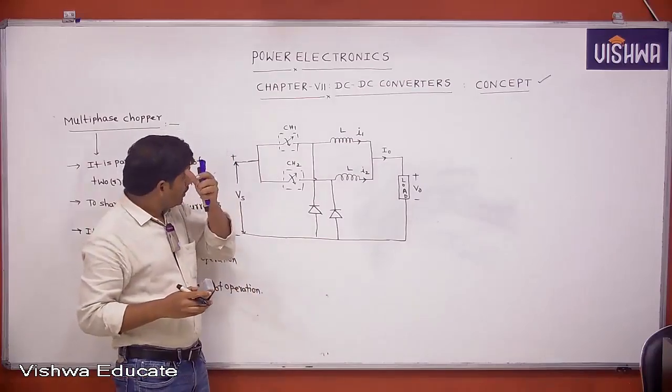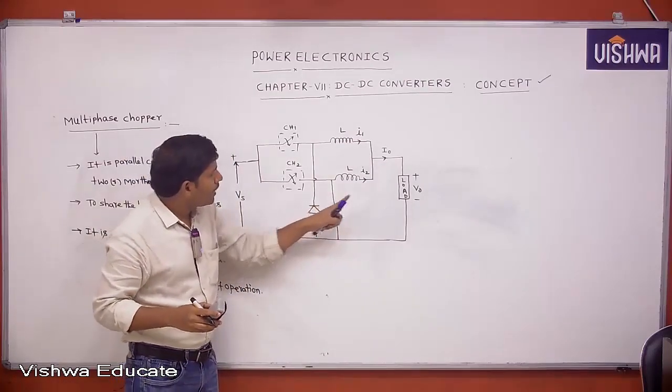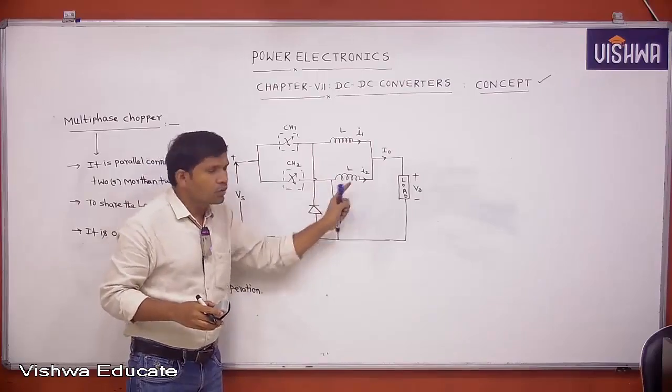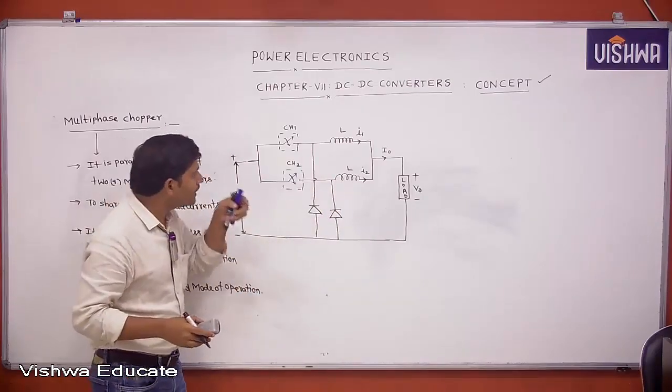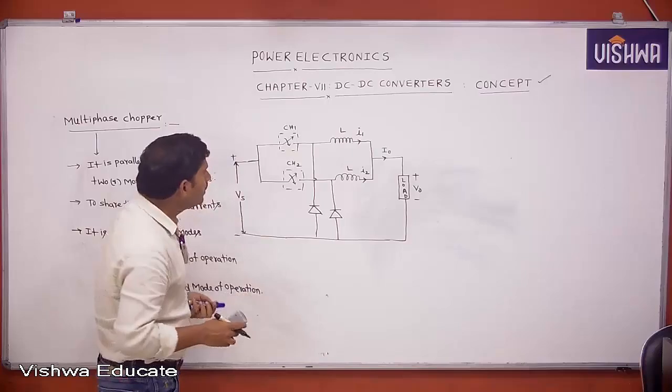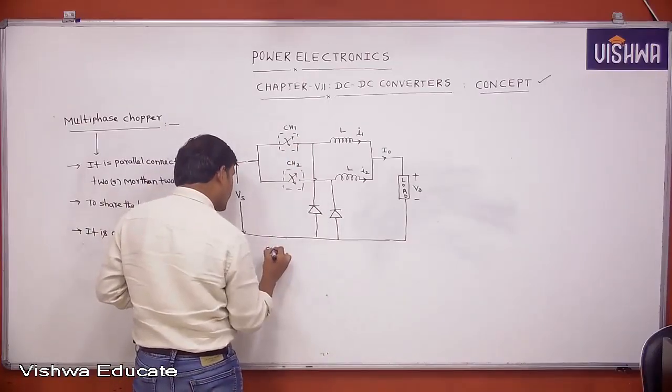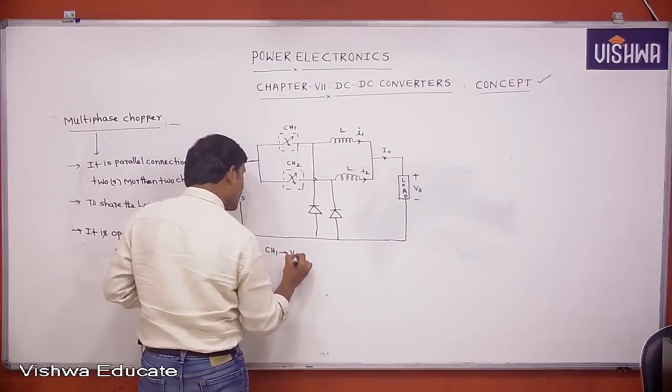A chopper with a diode across the load is nothing but a buck regulator. Connected in parallel, if you operate with respect to chopper 1, then what is V0 equal to?